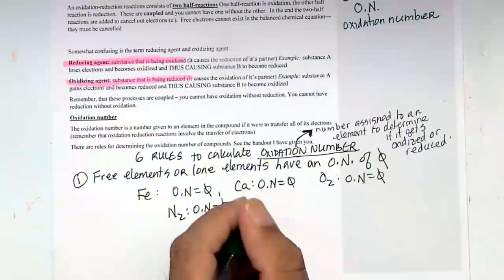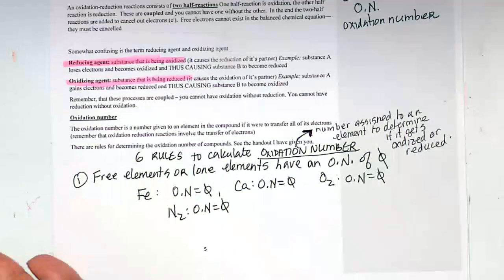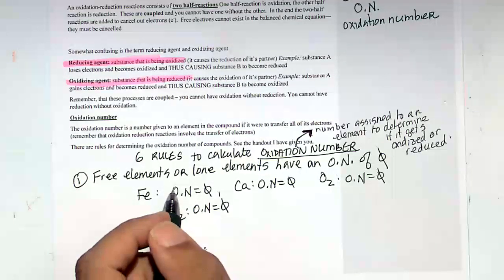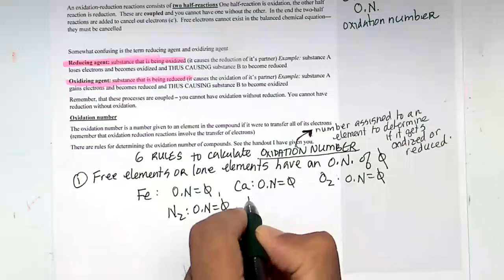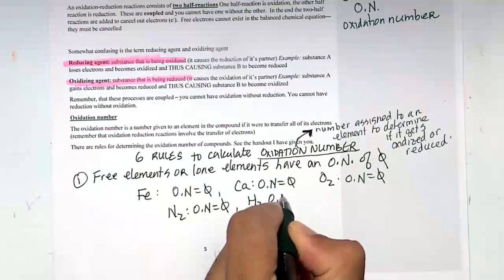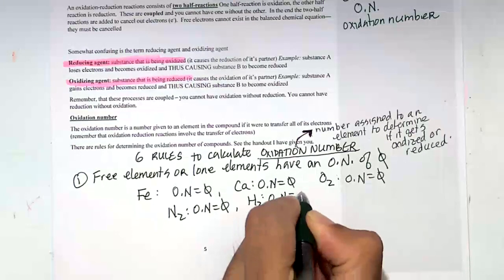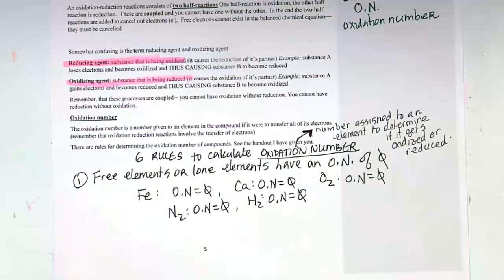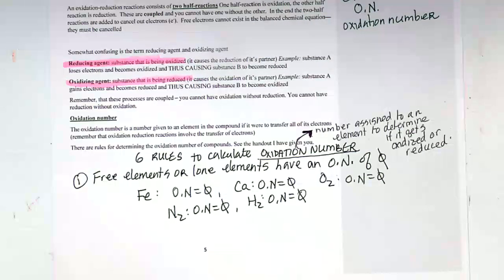If it's bound to any other element, then it will have an oxidation number. But if it's just by itself, N2, O2, iron, calcium, it's 0. H2, what is the oxidation number of hydrogen in H2? It's bound to itself, so if it's by itself, the oxidation number will be 0.